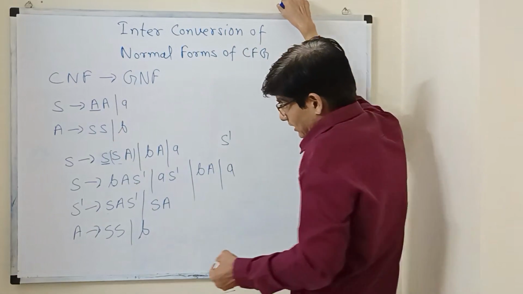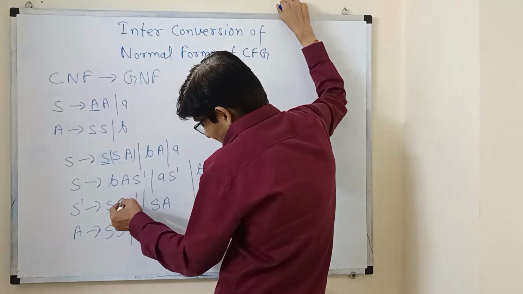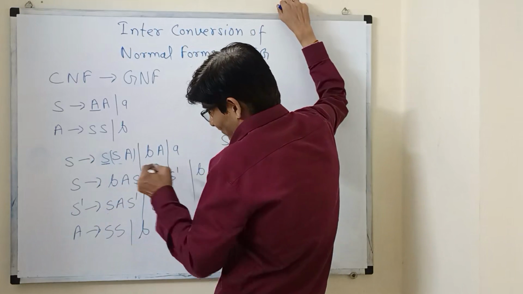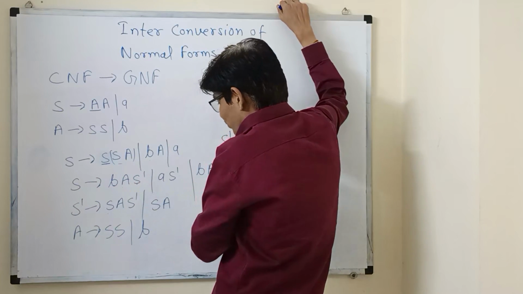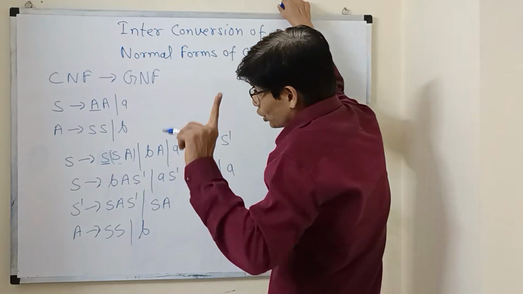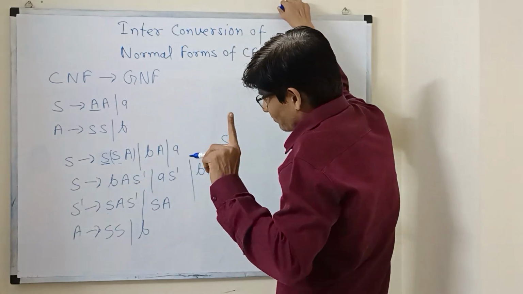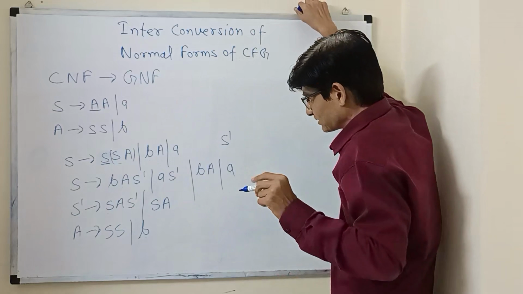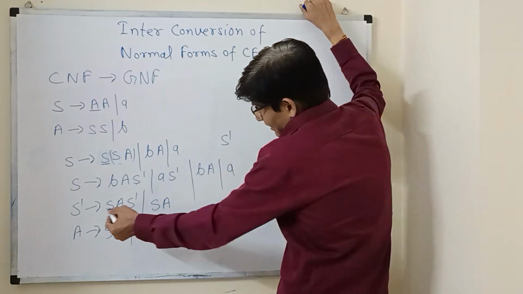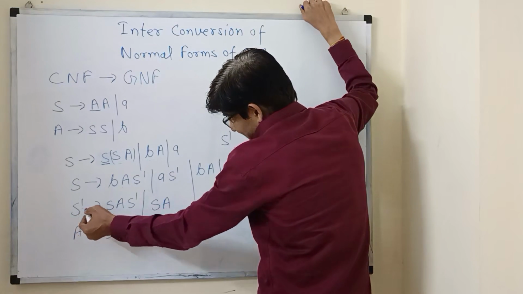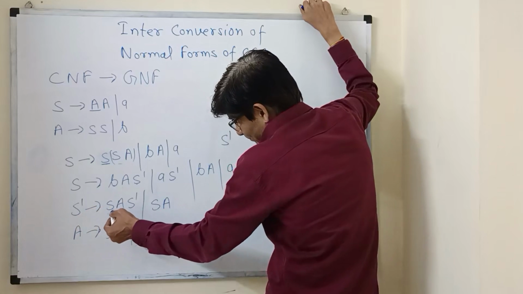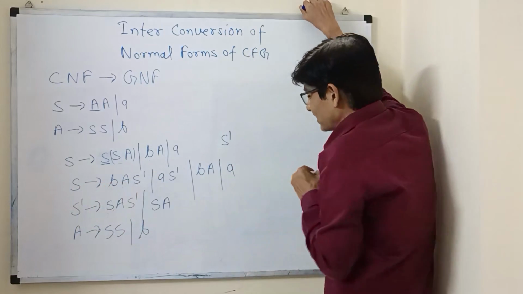Now, for these three productions, if I replace S with all its productions, we will have 12 productions like this. So suppose in this production, I am replacing S with all its productions.